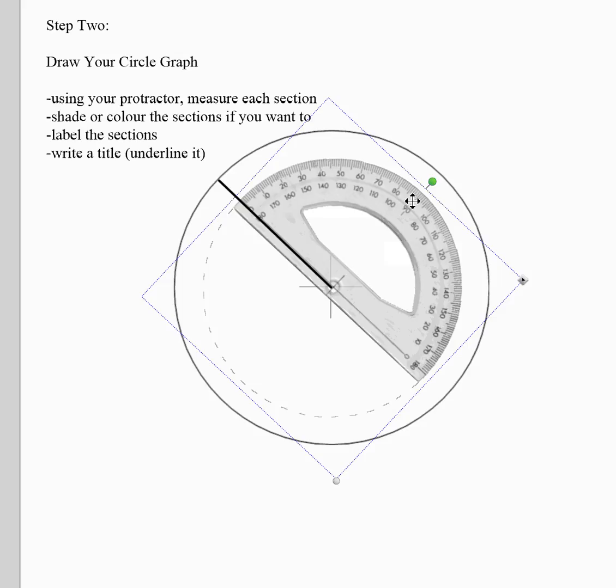You'll also notice I want to line up the 0 degrees because I want to start from 0 and count my first segment, which is Adidas, which will be 90 degrees. So here's 0, 10, 20, I count on my protractor, and I make a little tick at 90 degrees. And then I can take my ruler and draw the line at 90 degrees.